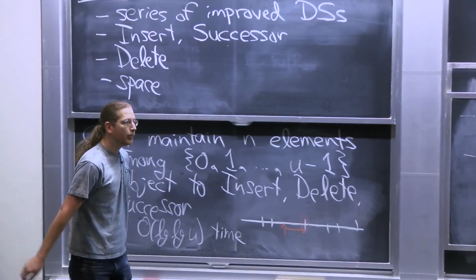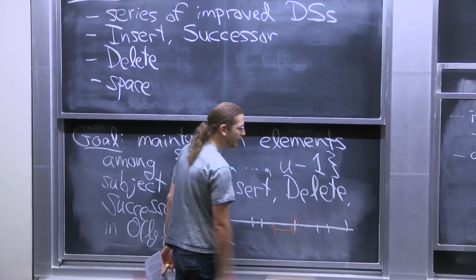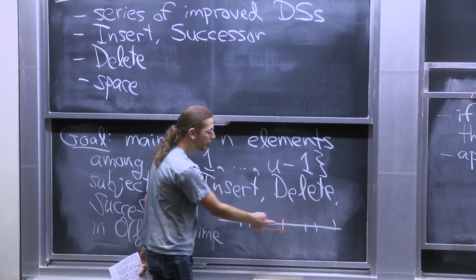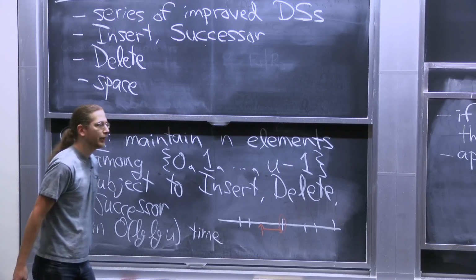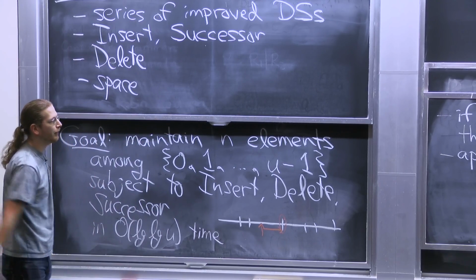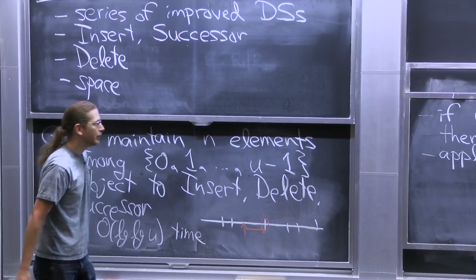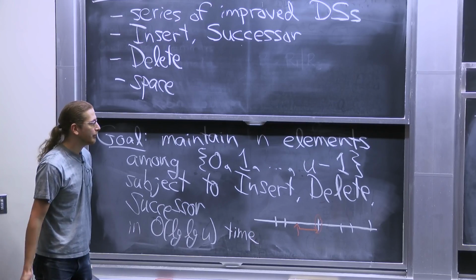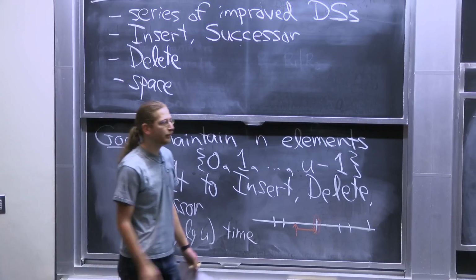So if you mark the beginnings of those ranges as items in your set, and given a query, an actual IP address, you want to know what range it's in. That is a predecessor or a successor problem. And so van Emde Boas lets you solve that really fast. U for IPv4 is only 2 to the 32, so that's super fast and practical. It's going to take like 5 operations to do log of 2 to the 32.